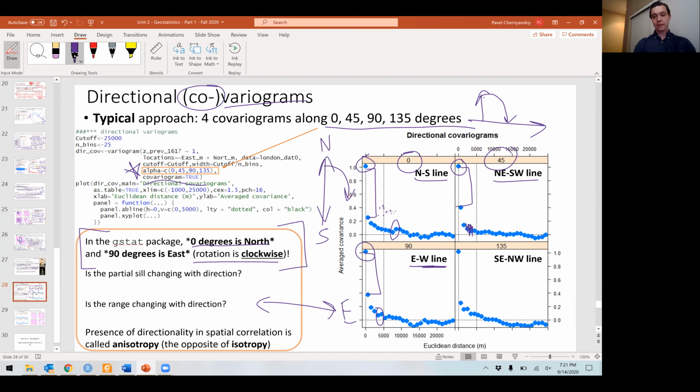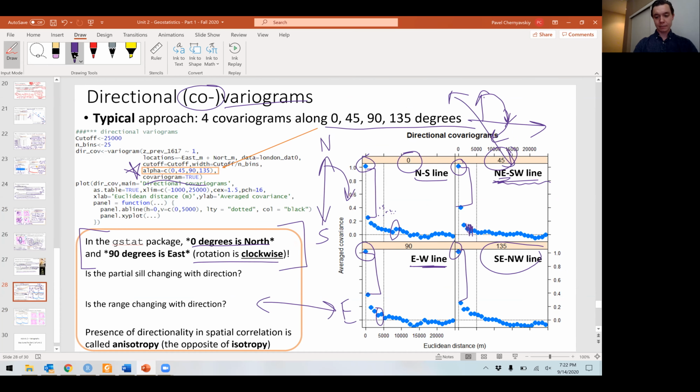And finally, the 135, we rotate a little bit more. That's now the southeast-northwest line, sill, nugget, range. The range is probably a little bit higher than it was in the northeast-southwest direction.